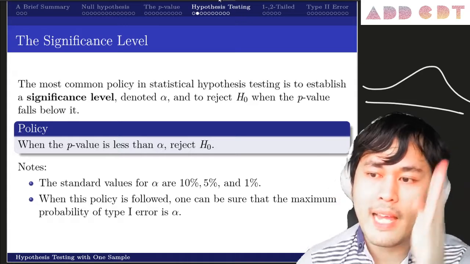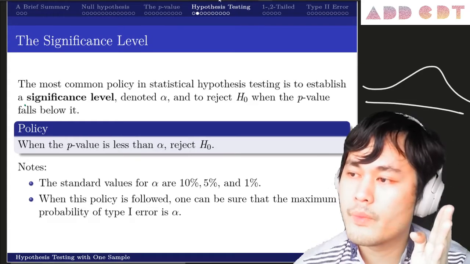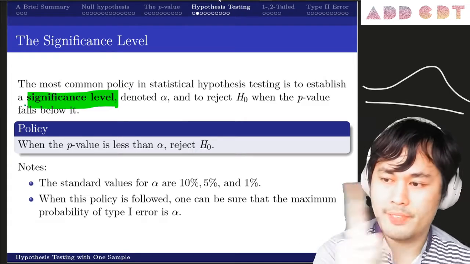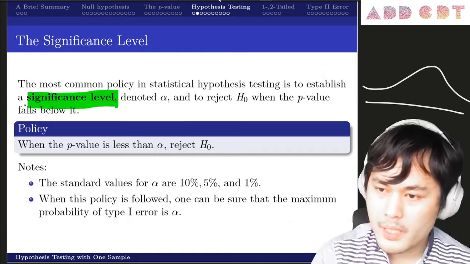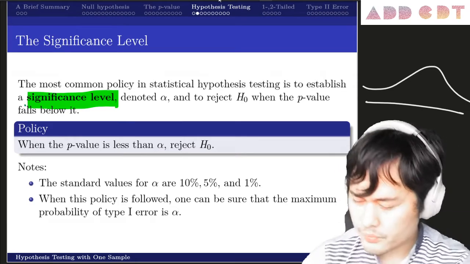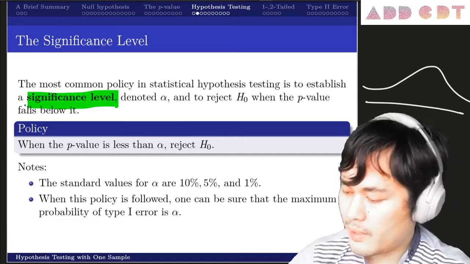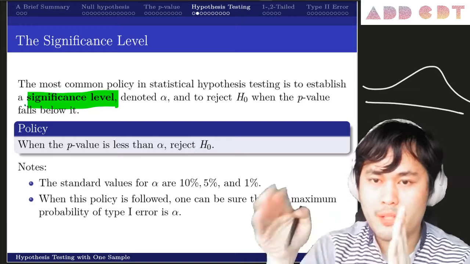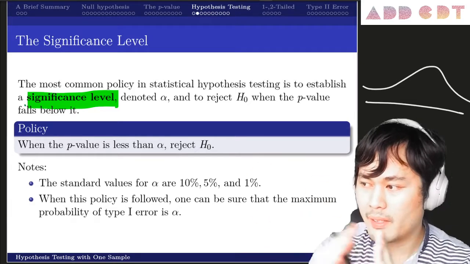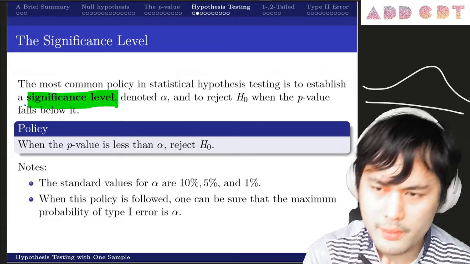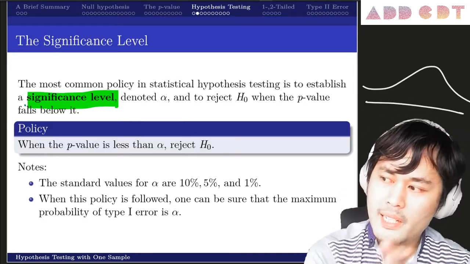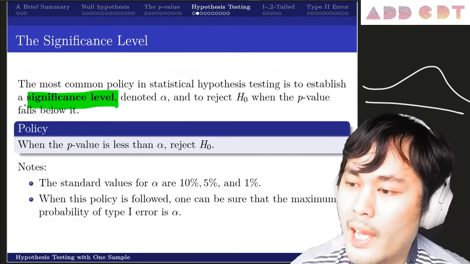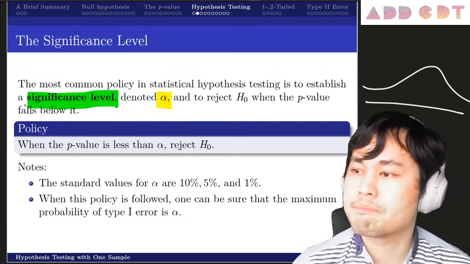That threshold is what we call a significance level. It means we want a gauge that distinguishes between the values that are common and the data that are less likely on the different side, and we are going to denote that as alpha.